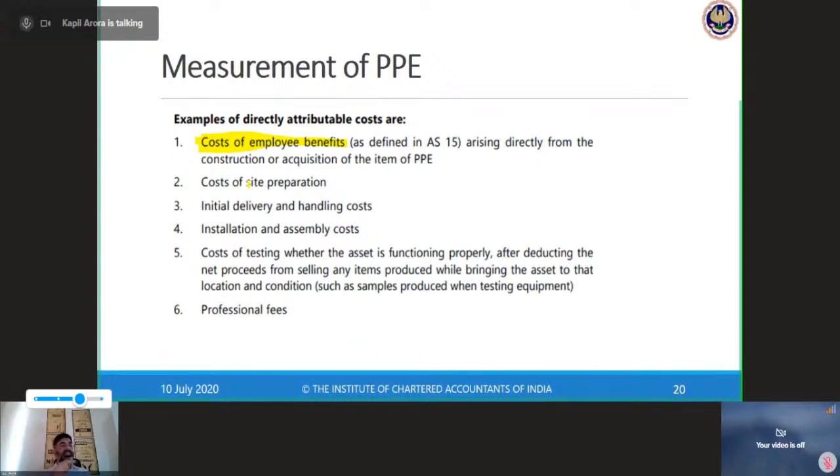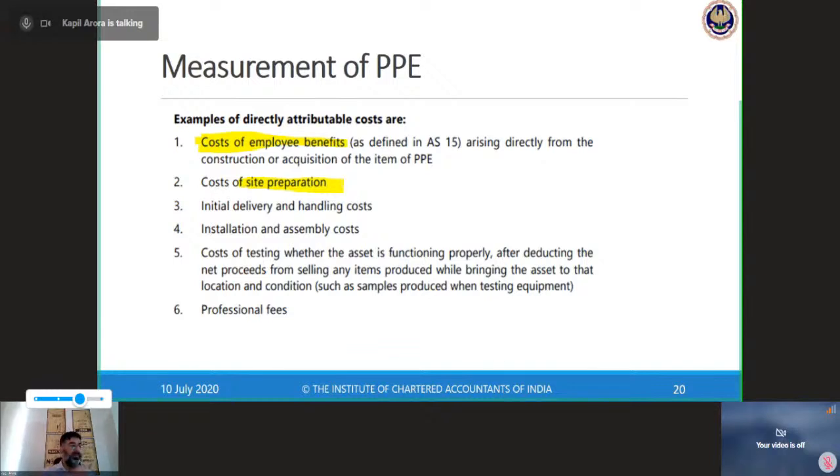If I purchase the land on which a building has to be built, but the land is not leveled yet, I have to get it leveled. Only then I can construct the building on that. So site preparation, right? Let's assume you have purchased a plot on any hill station that is not leveled.